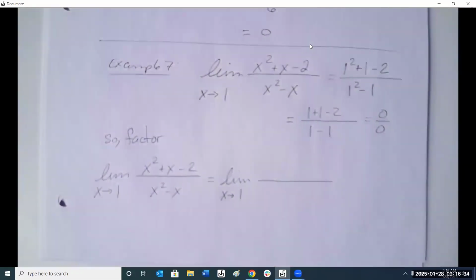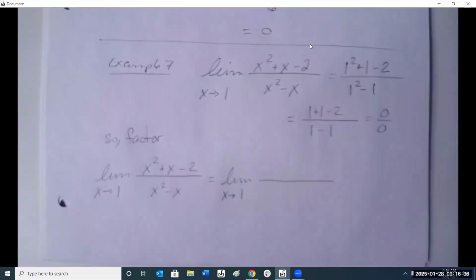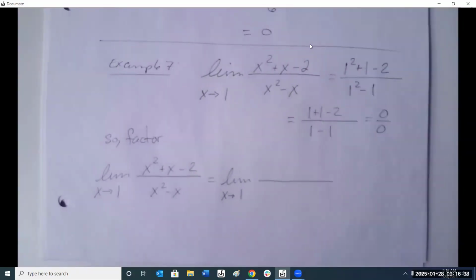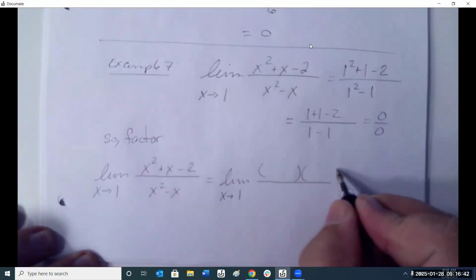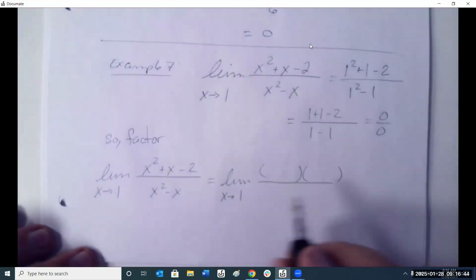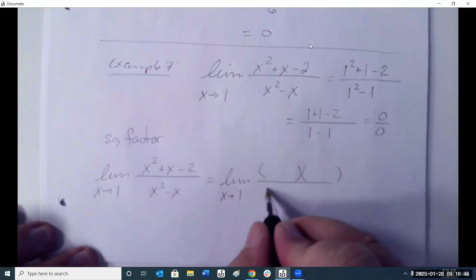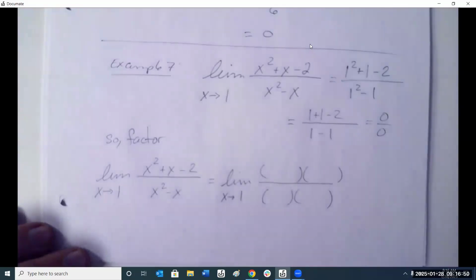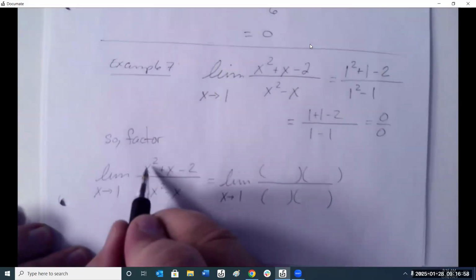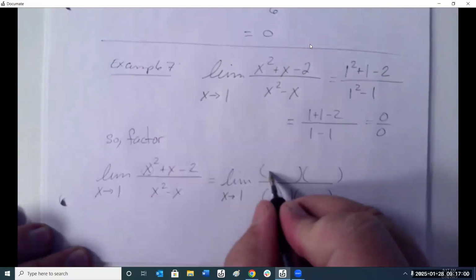Can you factor the top? It's a quadratic, so let's see if we can factor it. And same thing at the bottom. It's a quadratic, so let's see if we can factor it. So, review back to algebra. Since our leading terms are x squared, we have x in the first spot.